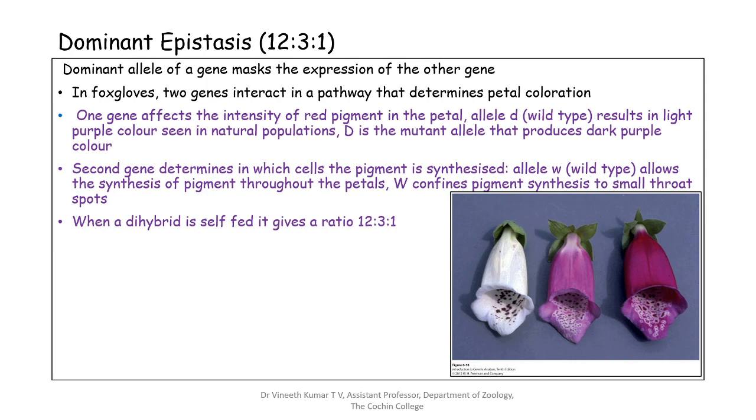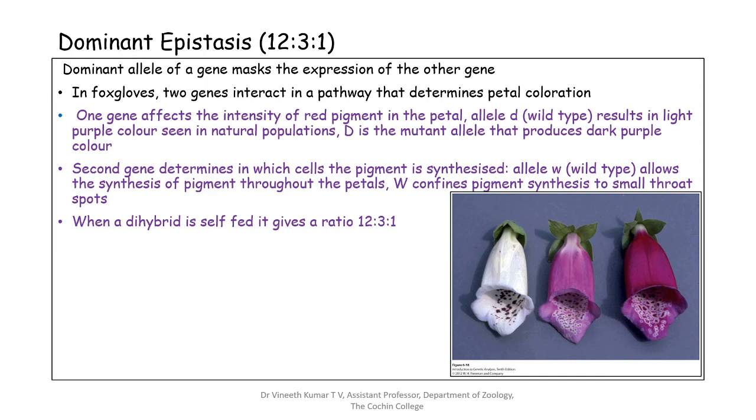We have already discussed what a wild type is, so let's recollect what the wild variety is. The wild variety is nothing but the variety which is seen more in a normal population, the common phenotype which is seen in a population. That's the exact word to be used: the common phenotype that is seen in a particular population can be called the wild type.